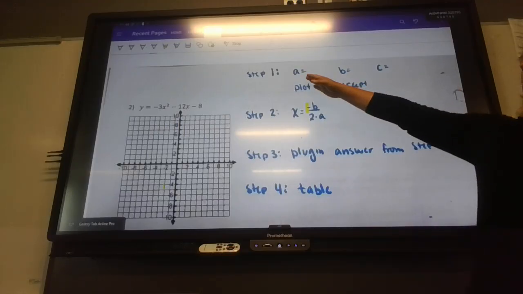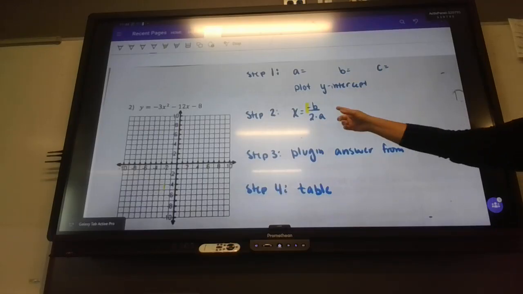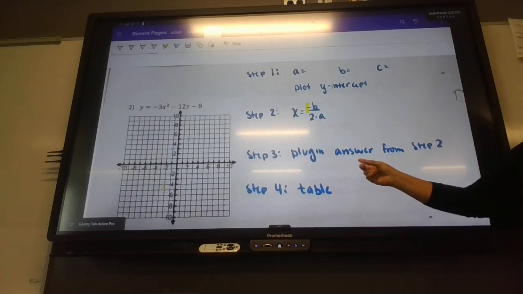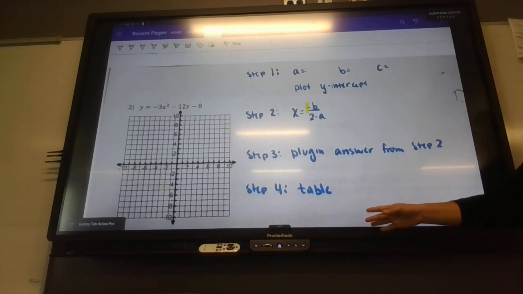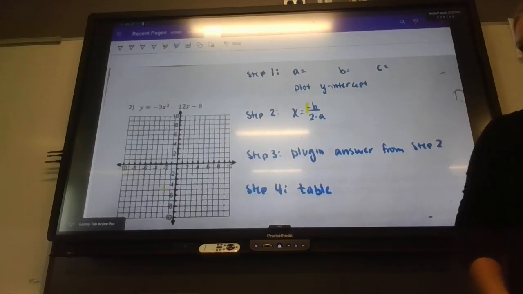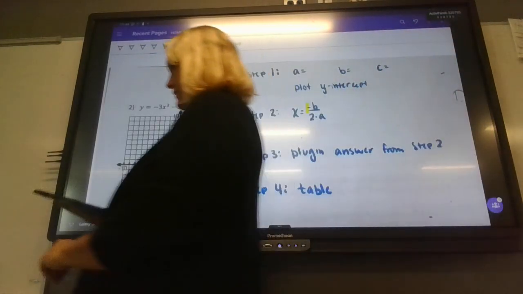Step 1, consider a, b, and c and plot c. Then you have your formula. You plug that answer in, and then you make a table. So here's the steps shorthand, if you want to just jot down instead of use the front as a resource, but I know it's annoying to flip back and forth. All right, so you guys get at it and let me know what questions you have.